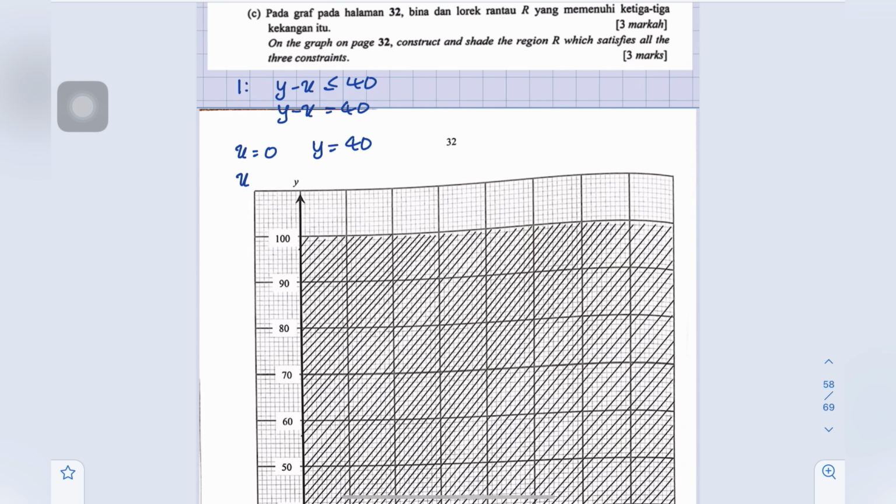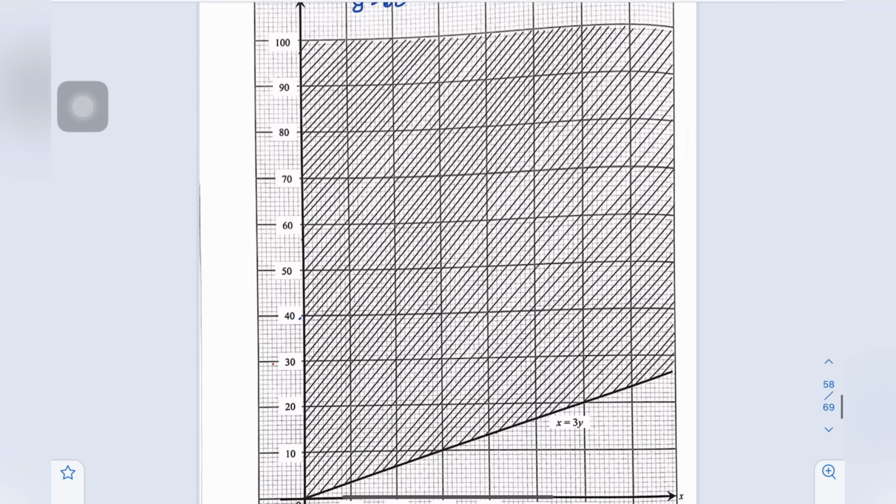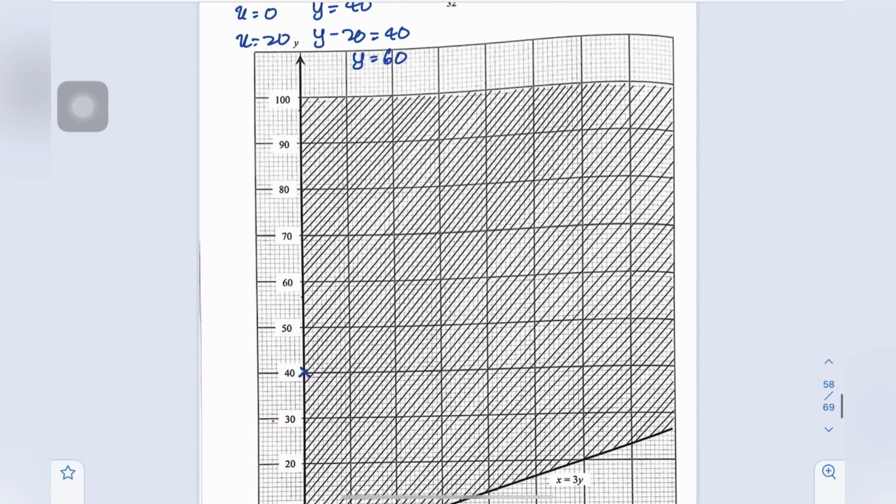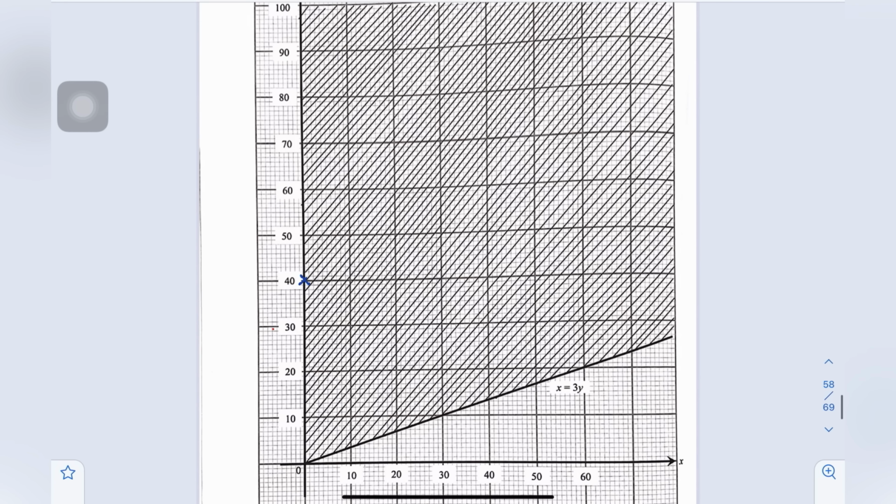Let's say x equals 20, so y minus 20 equals 40, then y equals 60. So (0, 40) is here. Point (20, 60) is right here. Then by using a ruler, you join these two points to make a straight line.